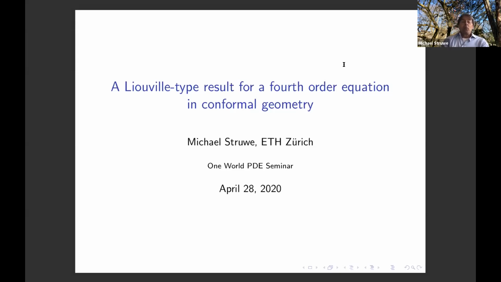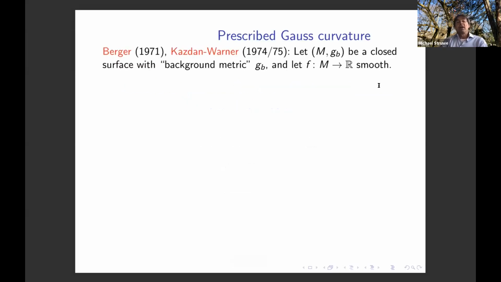Okay, so what I want to talk about is a very classical topic, and the origins of this is the Kazdan-Warner problem of prescribed curvature on a closed two-dimensional manifold, a closed Riemann surface. M is my symbol for this surface, and g_B is the background metric.